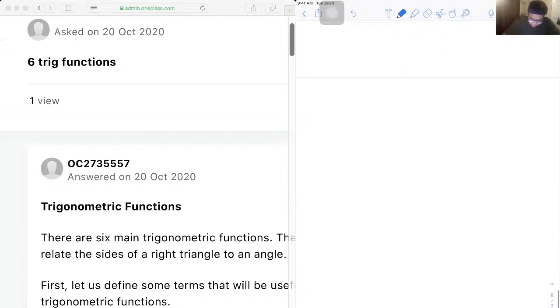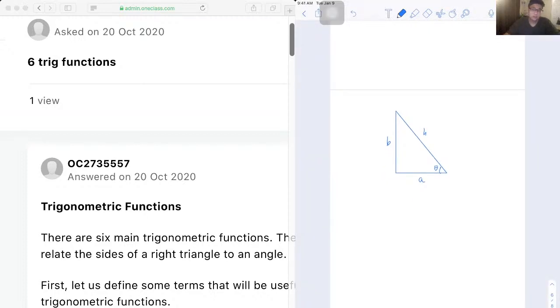So we have a right triangle right here. Let's call the sides A, B, and H. And let's say we got this angle at theta degrees.